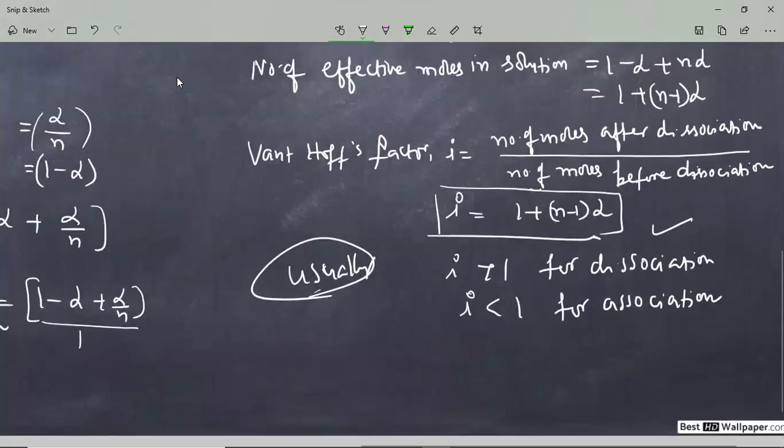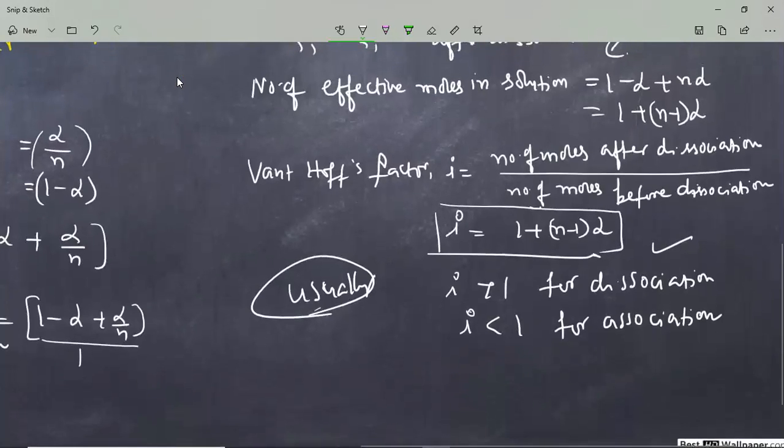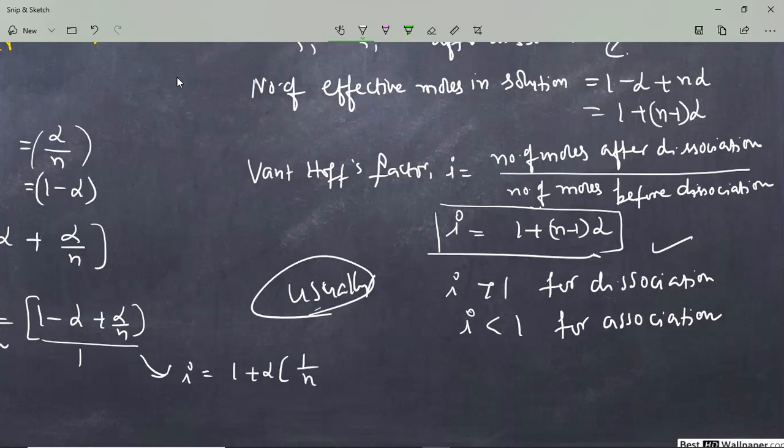The reason is very clear. For association, we have a formula: i is equal to 1, alpha is common, 1 by n minus 1.